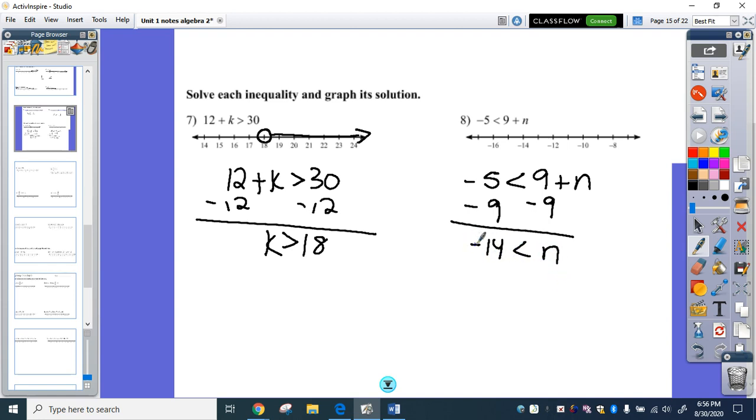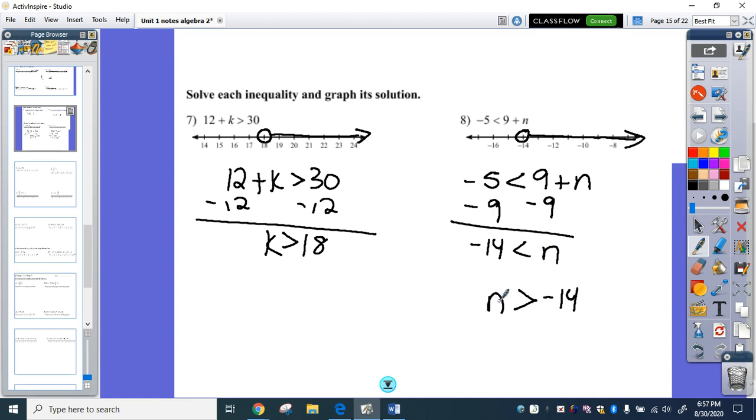So I tell people, when it is written like this, flip the whole thing around. The open side of this inequality goes towards the n. Make the open side go towards n, flip the whole equation around, and now it's written like you're used to seeing. So at -14 you get your open circle, and it's shading to the right, so we shade to the right.